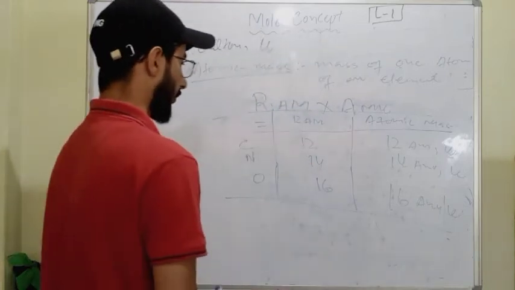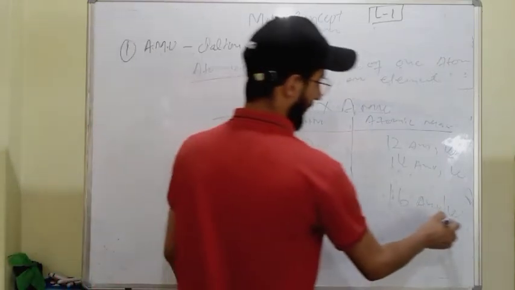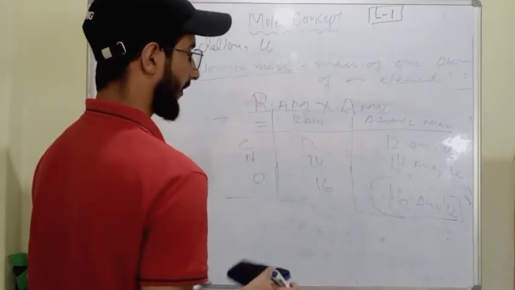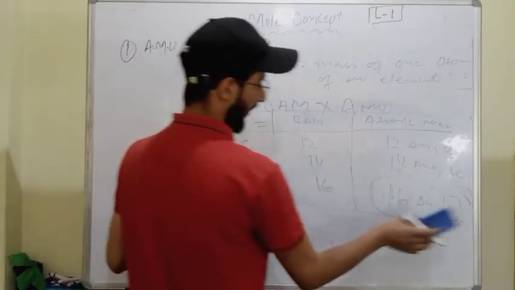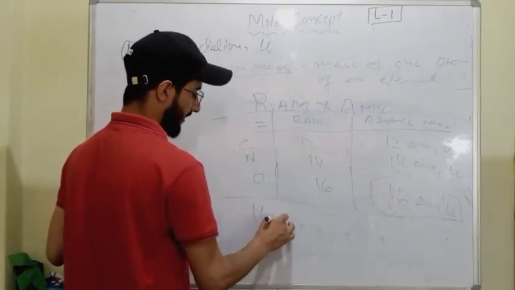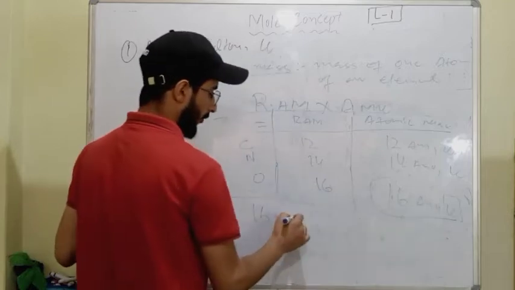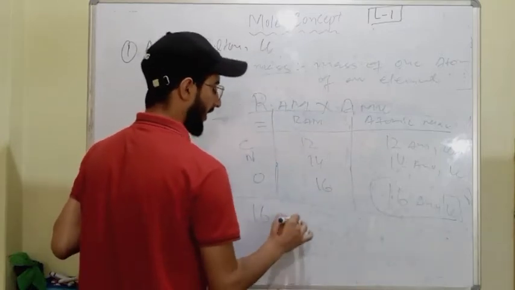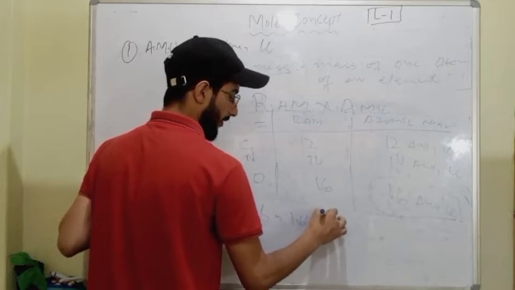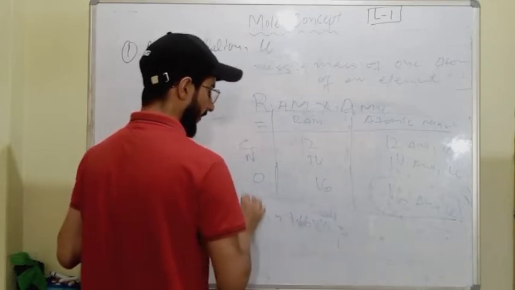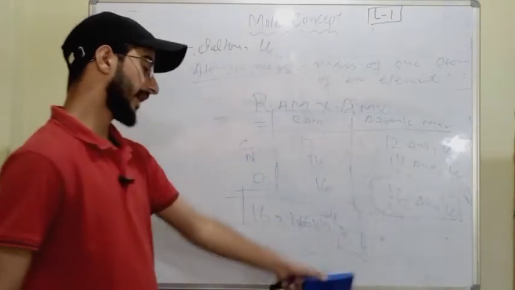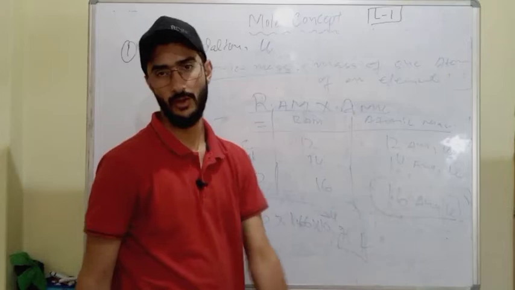AMU. If I am going to convert this AMU in terms of grams, or calculate this atomic mass in grams, it will simply be equal to 16 into the value of 1 AMU, which we have calculated already. It is equal to 1.66 into 10 raised to power minus 24 grams. When we solve this, we get the mass of oxygen in terms of grams.